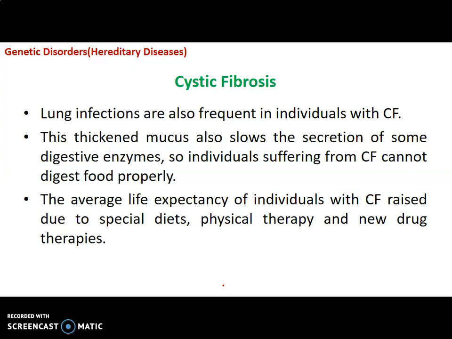Anyone who faces this issue has a reduced lifespan, because the person's diet is affected as a result of inadequate digestion of food.